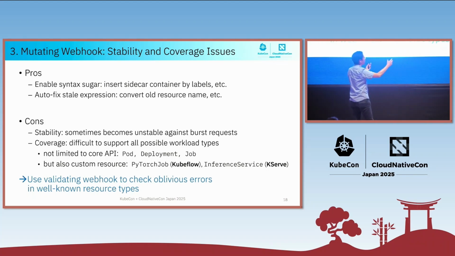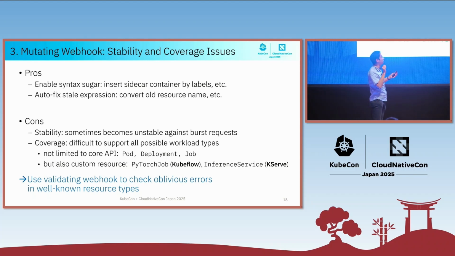So in that case, our webhook can apply to such derived core API resources, but we can't directly check the custom resources. To do so, we have to add a special logic for those custom resources. So we decided to use the validating webhook instead of mutating webhooks to make a more stable environment.